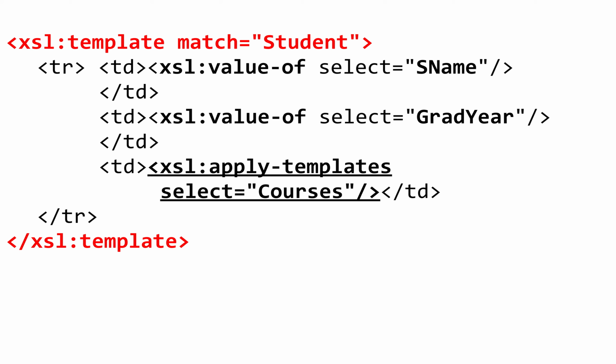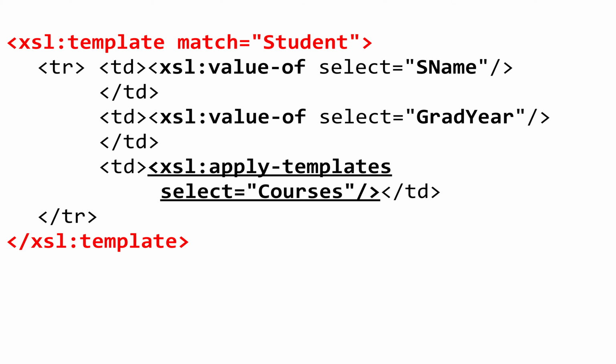We're going to iterate over all the courses of that student and generate an embedded table, a table that contains another table, where the last column is another table listing all the courses of that student. So notice the courses here, and notice that sname here.